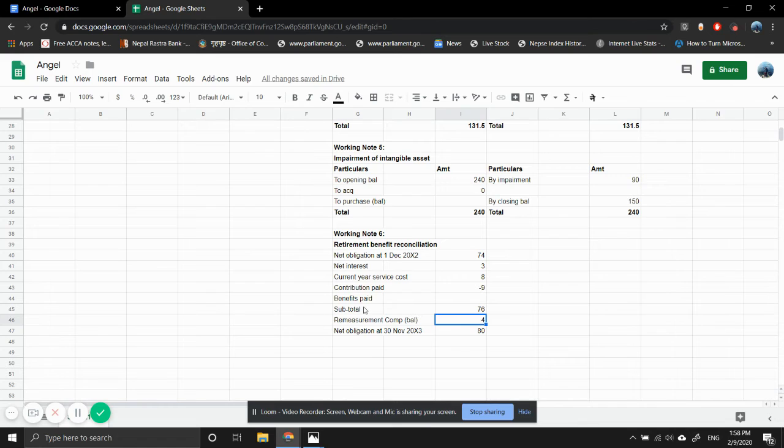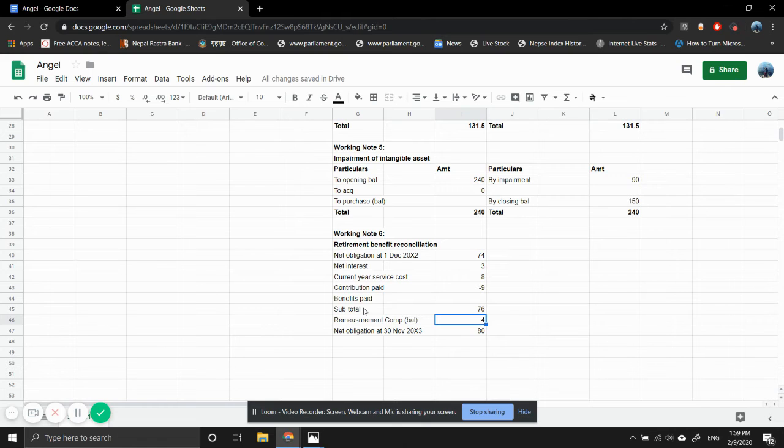Okay, so what will happen is that basically 11 million is our service cost, right? Total service cost, which includes the carrying amount of subsidiary's defined benefit obligation at the acquisition date, right? Therefore, the actual expense will be 10 million, which is 11 minus 1, right?